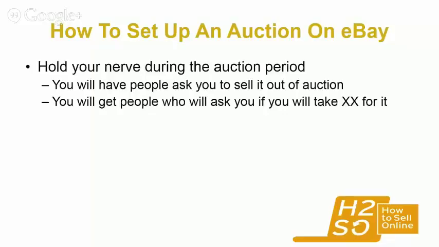Now, there is no policy breach for me asking somebody if they will take it out of auction. The policy breach is with the person that took it out of auction, because what they should do is turn around to me and say no. Every time I list something in auction, I'm pretty much guaranteed somebody will write an email to me to say, what's the best price you'll take for it, mate? And will I take it out of auction?